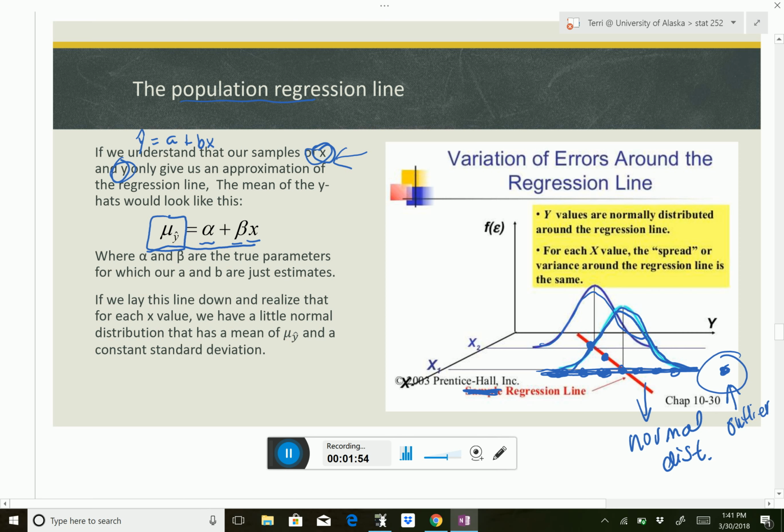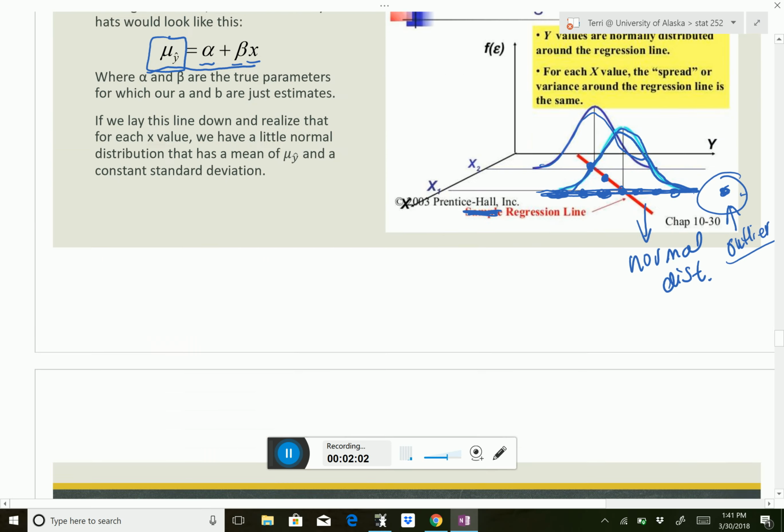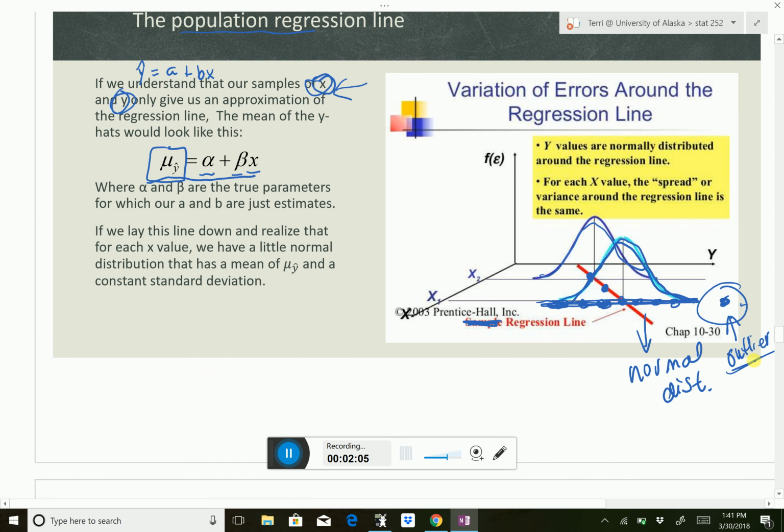It was very unlikely to happen, because if we get really far from the mean, this becomes less likely. That's one of the ways that we can identify outliers. But we want to make sure that each one of these errors from the mean is normal.